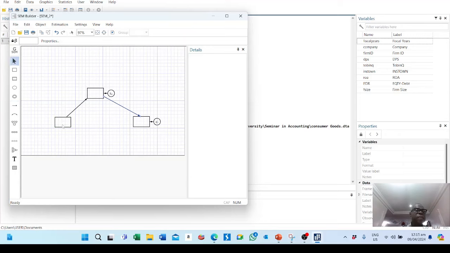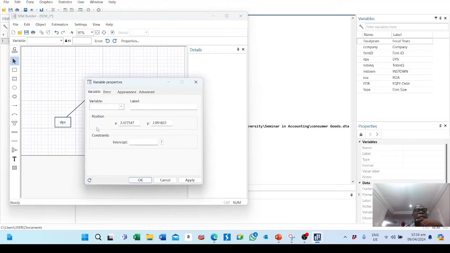I need to make this an independent variable. Our independent variable is the dividend per share. I need to select that. So from the variable list, dividend per share, DPS. So that is the first independent variable.